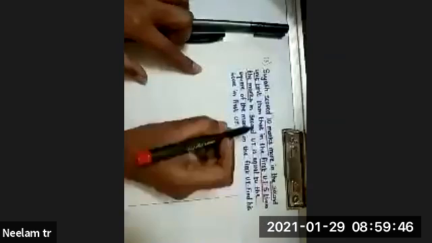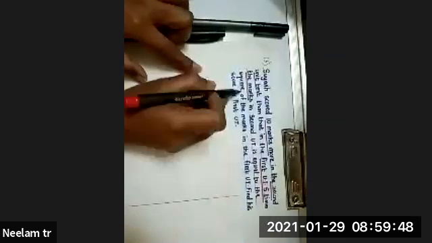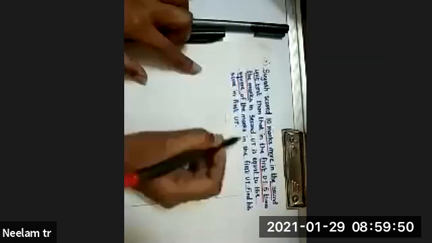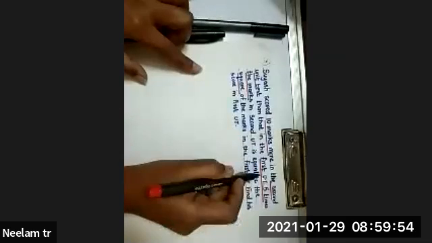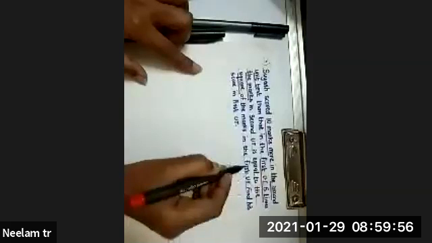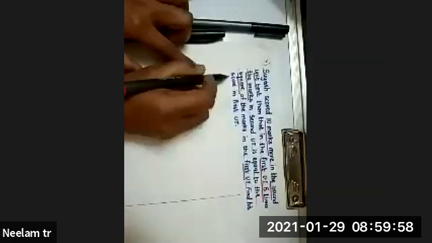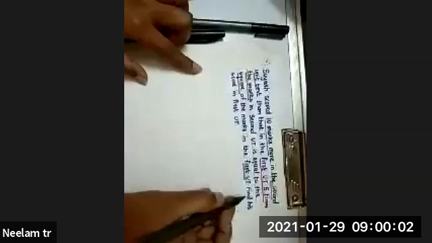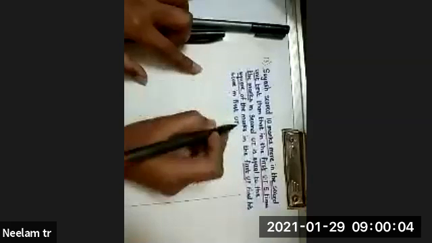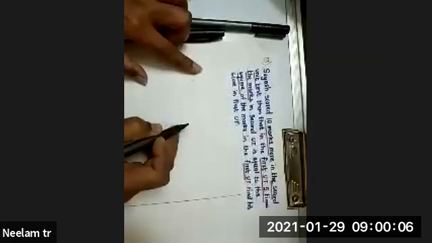Then, 5 times the marks in the second unit test is equal to the square of the marks in the first unit test. And we have to find the score in the first unit test.